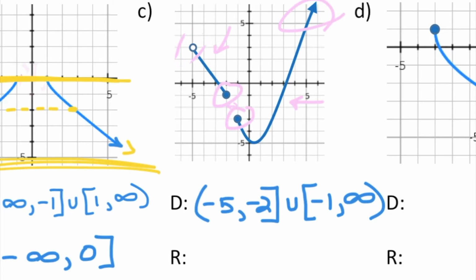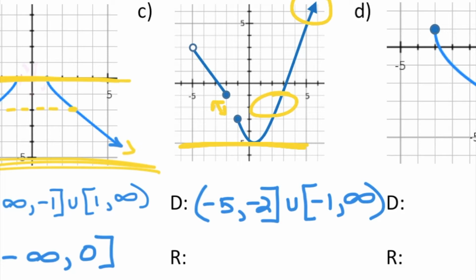Now, to talk about the range, I'm going to erase all the pink here, all my scribbling. And remember, again, that range and domain are about all the y values or all the x values. So the range is what's the very bottom part of the graph. It's right here. We're not missing y values here because they happen over here. And at the top, it goes to positive infinity.